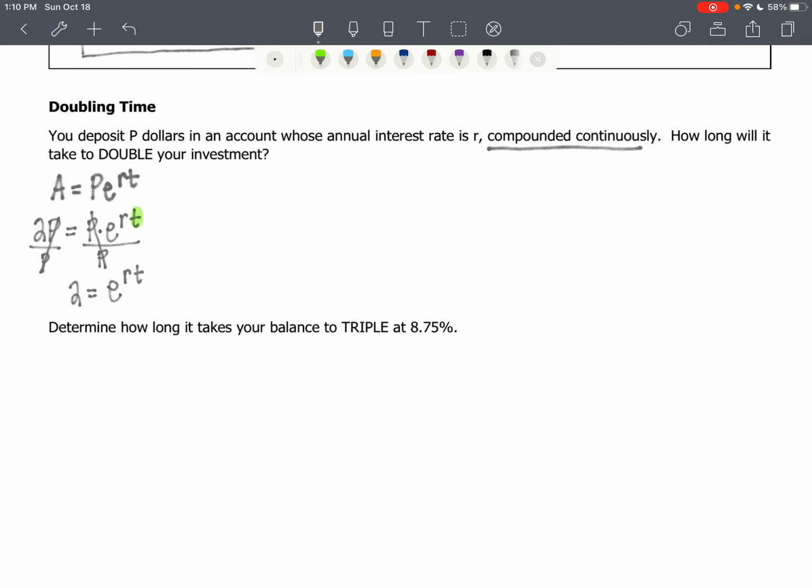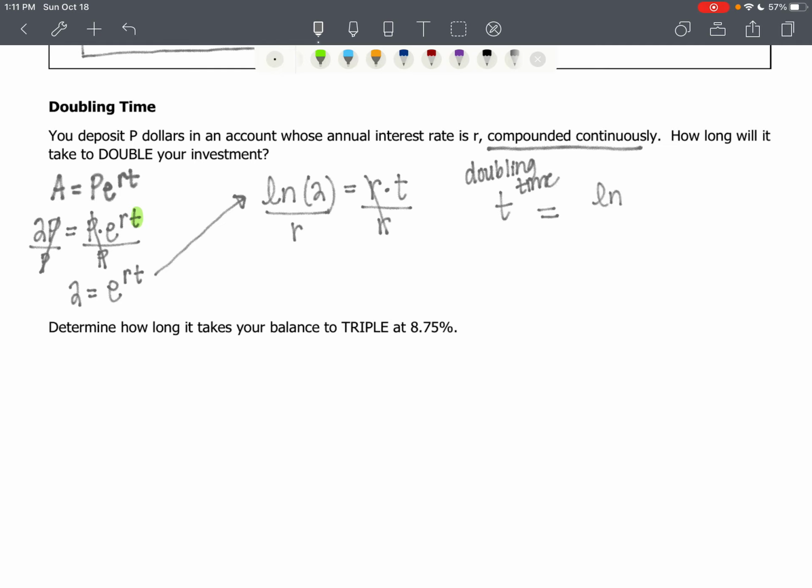Now we're going to write this in log form. Log base e, the natural log of 2, is equal to R times T. We want to solve for T, so I'm going to divide both sides by R, and the doubling time T is equal to the natural log of 2 divided by the annual interest rate.